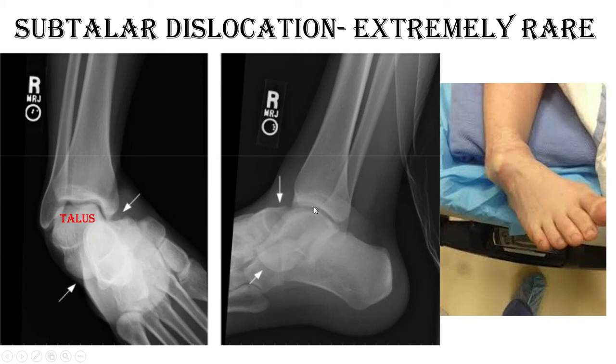On the lateral view, the talus and the calcaneum will overlap. These two signs make you suspect subtalar subluxation or dislocation, and the talonavicular joint will be disrupted on the lateral view.